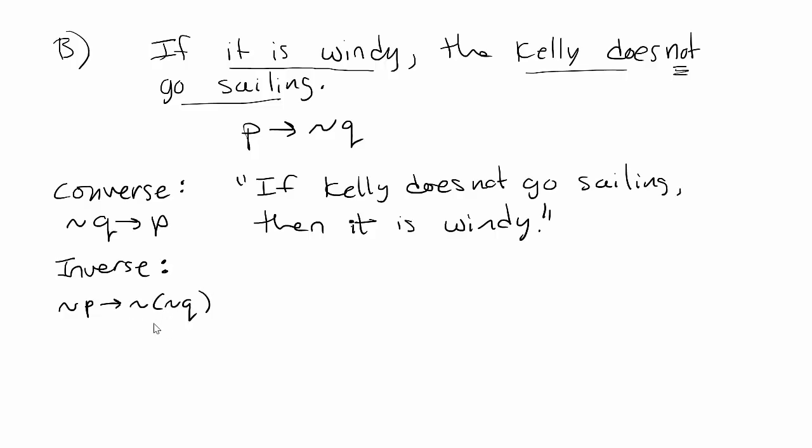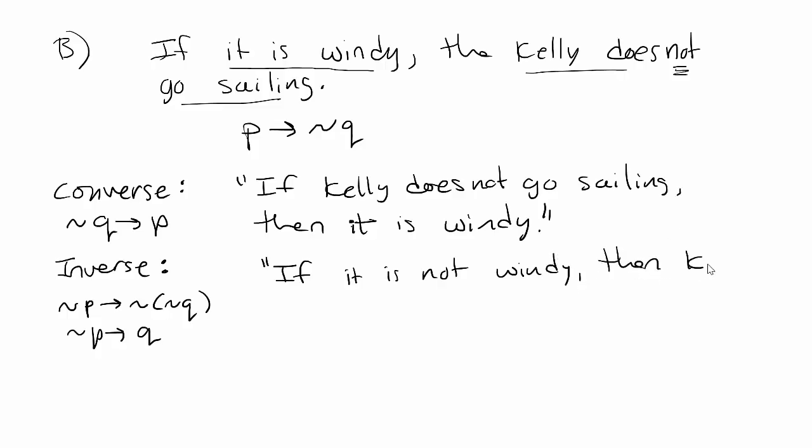But here, because we're going to have a double negation, instead of a double negation on Q, we're just going to write Q. So as we put this in a sentence, it's going to look like if it is not windy, then Kelly goes sailing. Remember, the Q is Kelly goes sailing. And I just realized that I spelled then wrong because I missed the N up here. We'll just fix that.